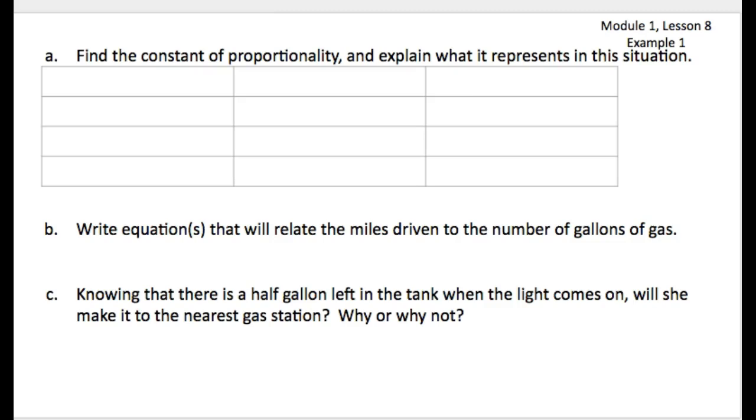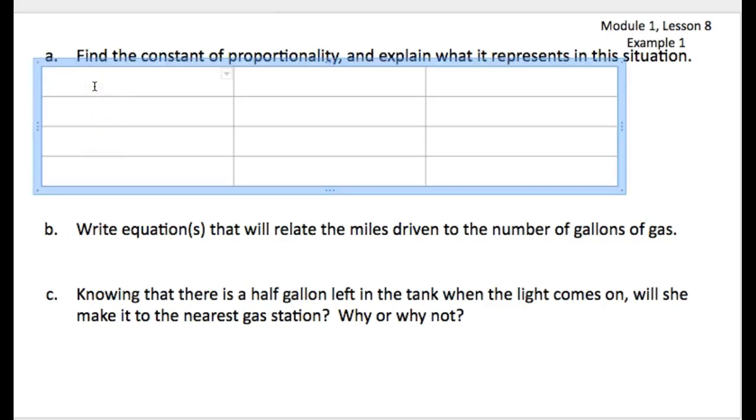So for part A, find the constant of proportionality and explain what it represents in this situation. So we're given some data. Let's go ahead and make our own data table in part A to help us solve for the constant of proportionality.